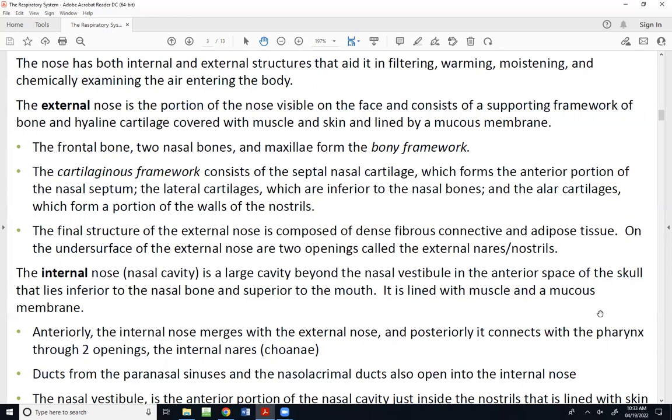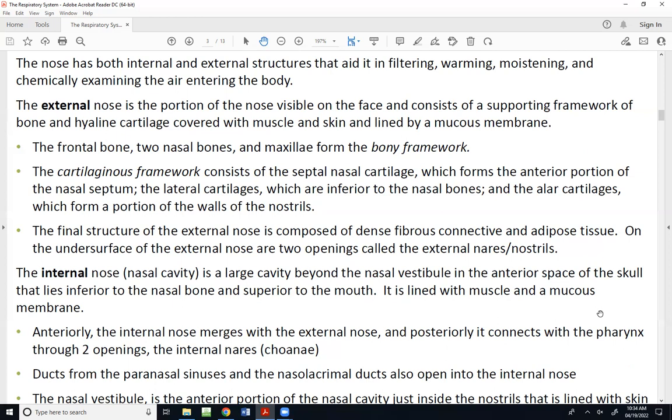The external nose is the portion of the nose visible on the face. It consists of a supporting framework of bone and hyaline cartilage, covered with muscle and skin and lined by mucous membrane. When people talk about their nose, that's the part they typically are thinking of, because it's what we can see, what we can feel, what you can pick, and so on. Well, the internal nose or nasal cavity is a large cavity beyond the nasal vestibule in the anterior space of the skull. It lies inferior to the nasal bone and superior to the mouth.